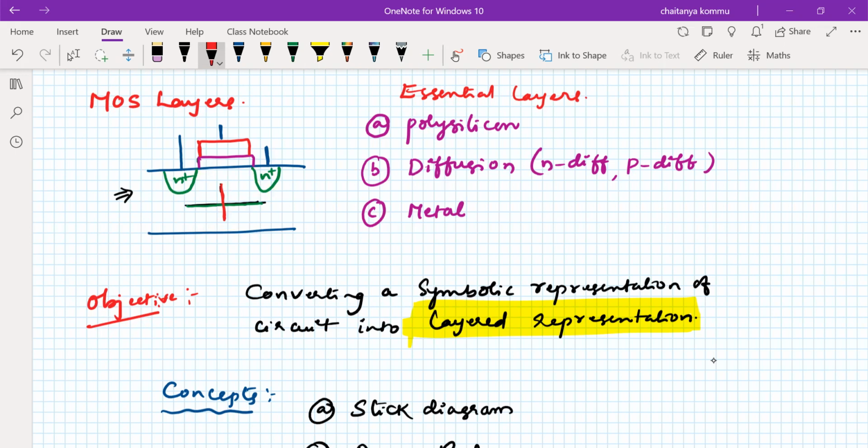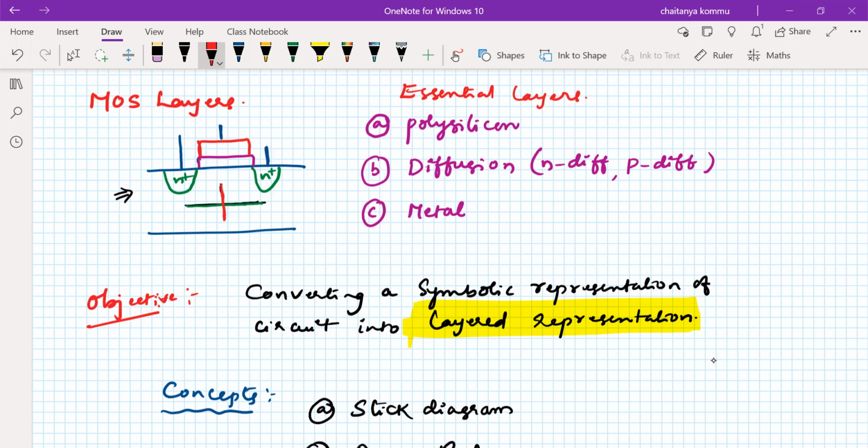That means the diffusion here is in horizontal fashion and polysilicon is in vertical fashion. Therefore, whenever these two colors cross at a particular point, this representation is nothing but a transistor formed.